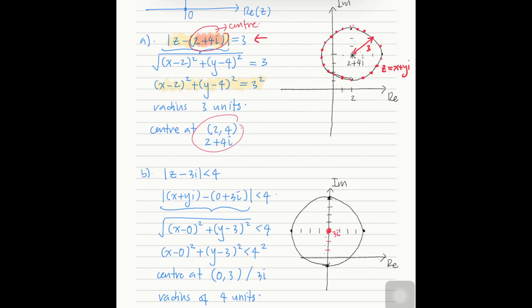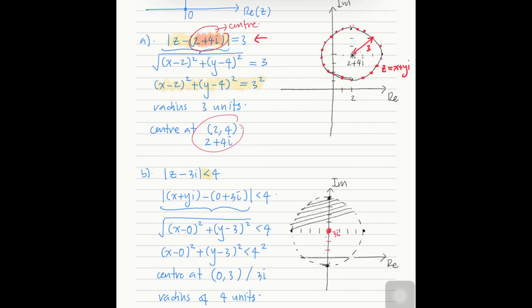And again, back to the previous video, this is a less than sign, so what we need to do is draw a dotted line for the circle. And since it is a less than sign, we need to shade the region inside the circle.